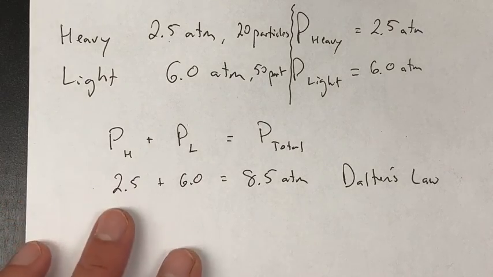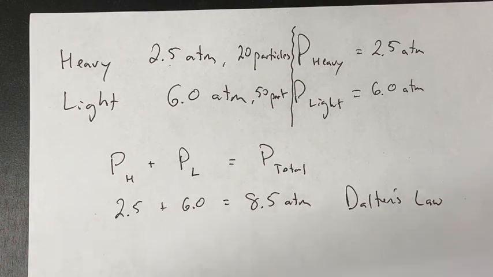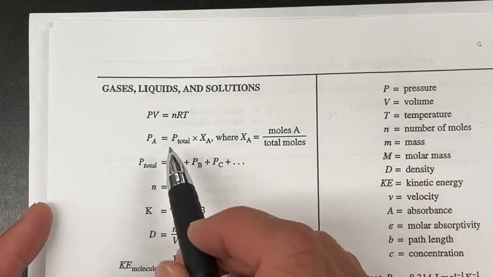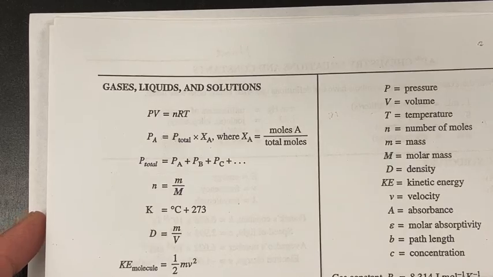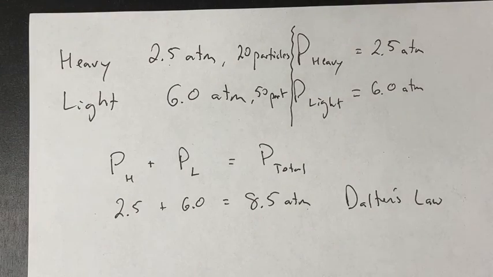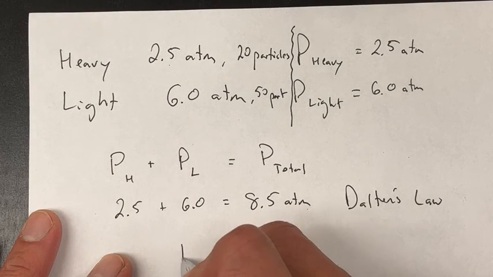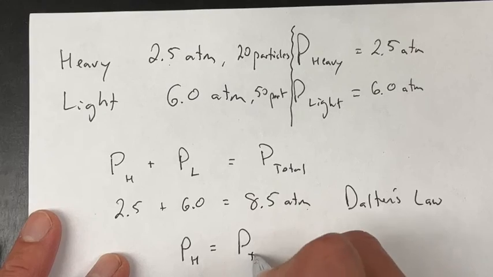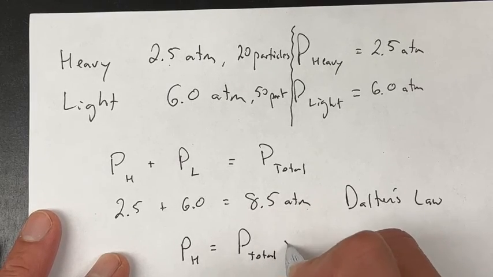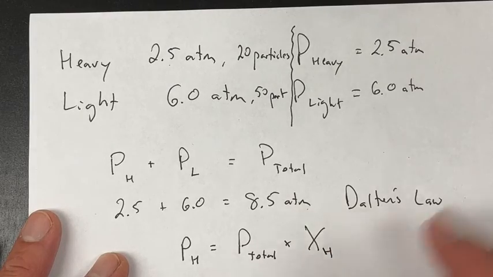I have particles and atmospheres, but if you take a look at this equation, you can see that moles and particles are related, so moles and pressure are related. So if I just look at the heavy one, P heavy is equal to P total times X heavy, which is the mole fraction.